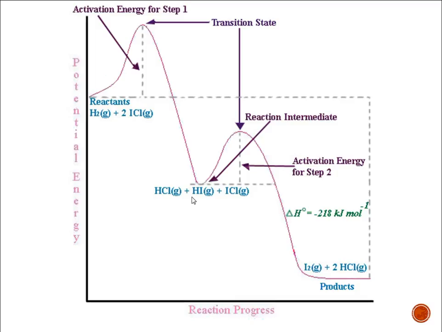What you should notice is that you have at some point in here hydroiodic acid that's completely an intermediate. It's not part of the products or reactants. But this is a multi-step process taking place where there's an overall energy release from beginning to end in potential energy.